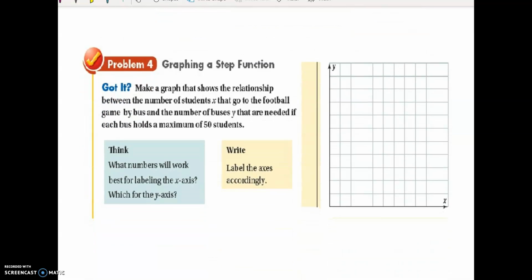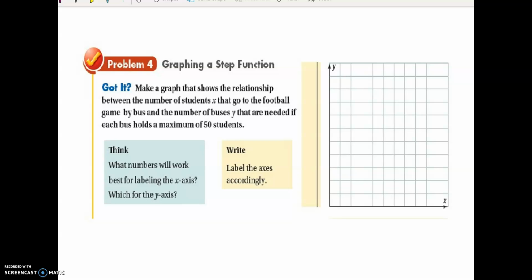In problem 4 here, we're going to graph a step function. So we're going to make a graph that shows the relationship between the number of students that go to a football game by bus and the number of buses that are needed if each bus holds a maximum of 50 students. So think about what numbers would work best for labeling the x-axis, what would work best for labeling the y-axis, and then we would label those accordingly.